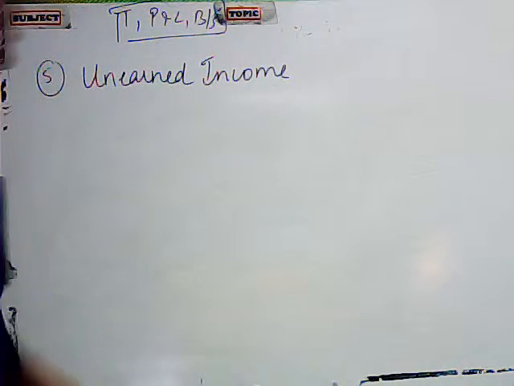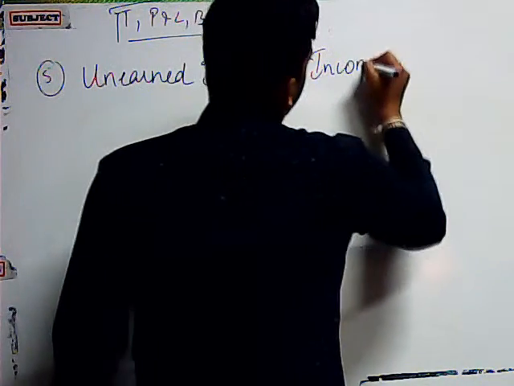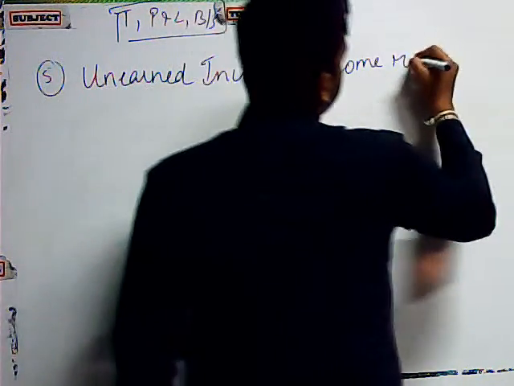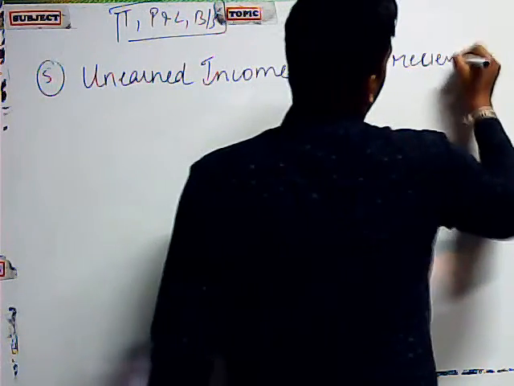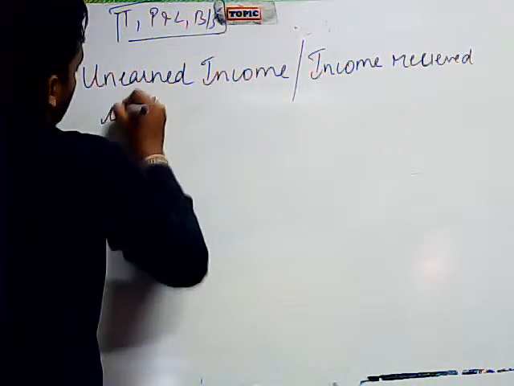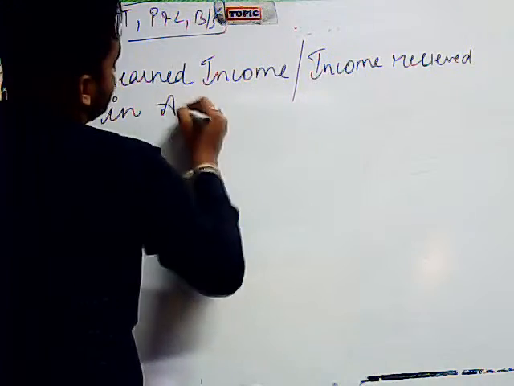Now, unearned income, or you can also say one more transaction, income received in advance.